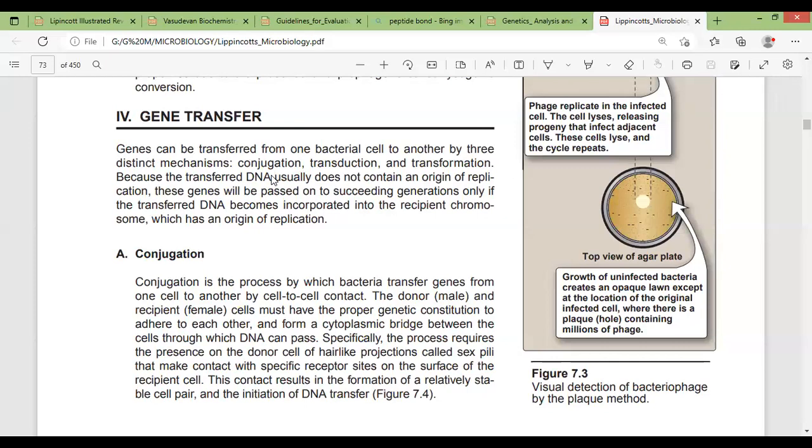So genes can be transferred from one bacterium to another. Here you just see me repeating, especially in terms of antimicrobial resistance. For example, you have one E. coli cell that is not resistant to, for example, nitrofurantoin.